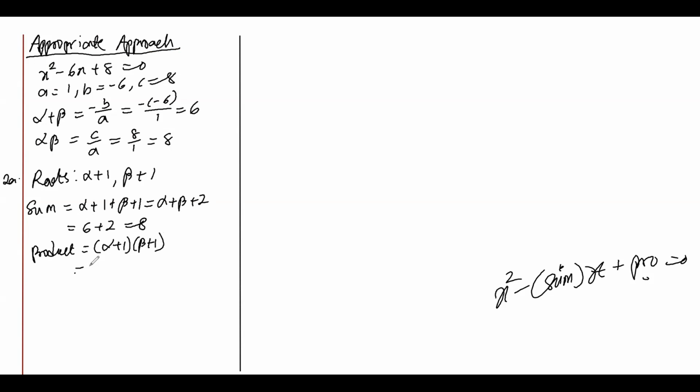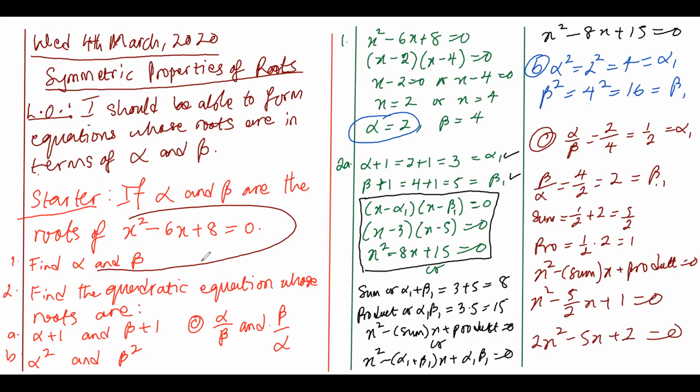And this will be alpha beta actually, plus alpha plus beta plus 1, which is already collected like terms, right? Alpha beta is 8, alpha plus beta is 6, then plus 1, and this is 15. And this is exactly what we got here.